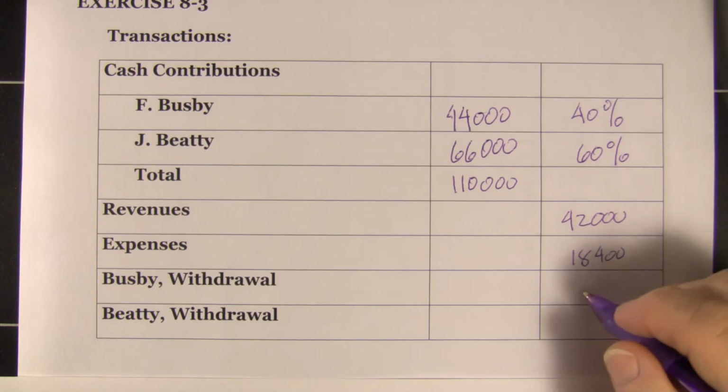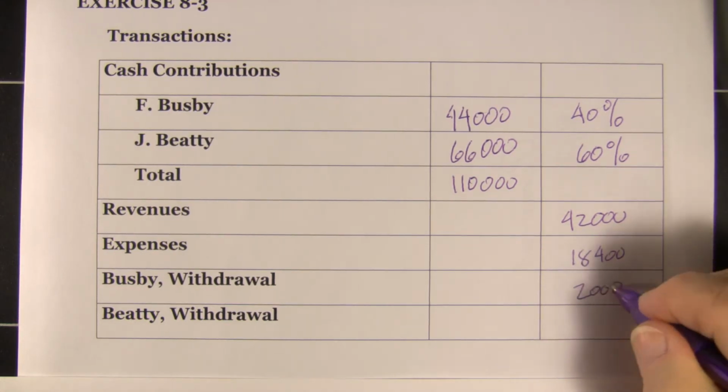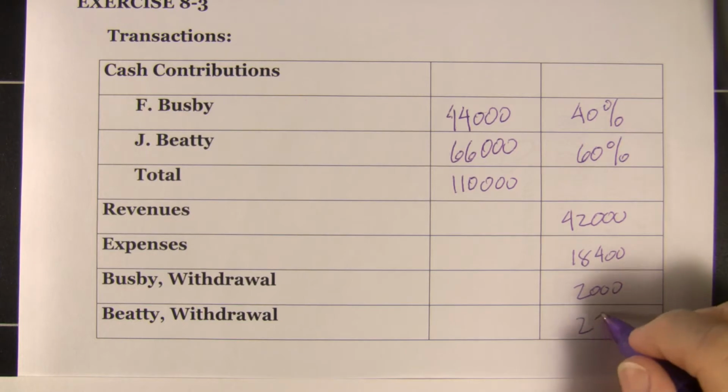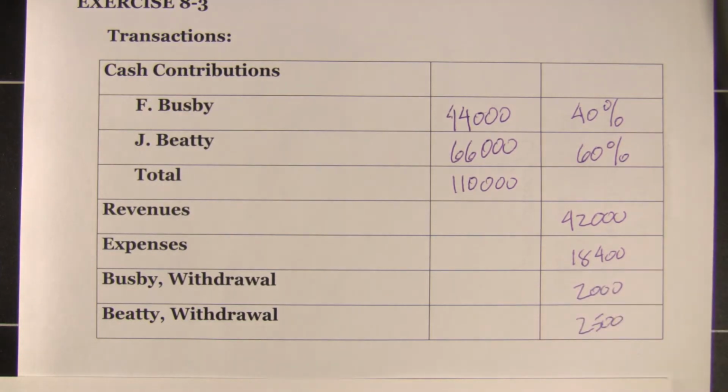Busby withdrew $2,000 and Beatty withdrew $2,500. Okay? So, that's the information we need. We'll refer back to that often as we go through the financial statements.